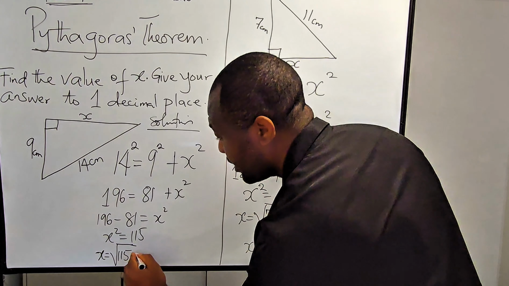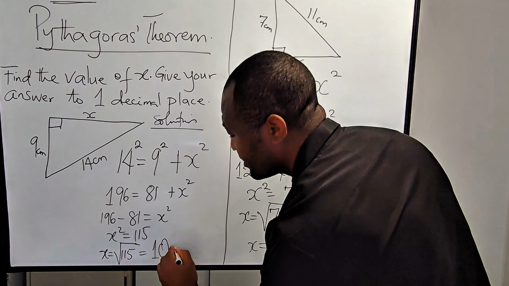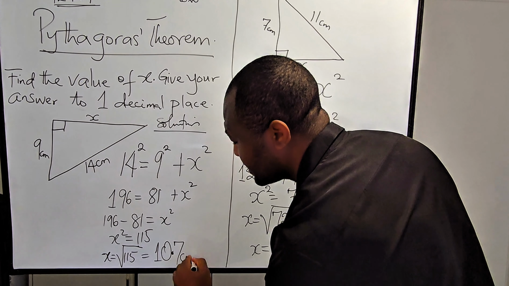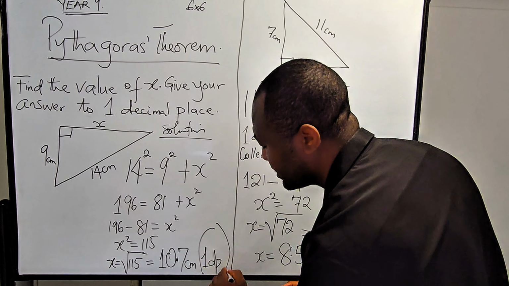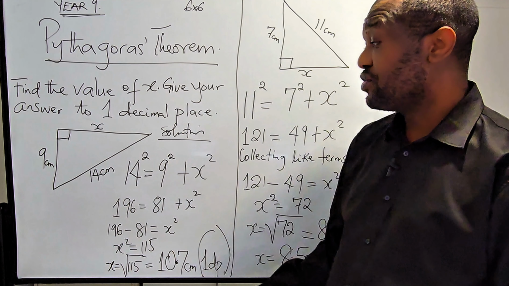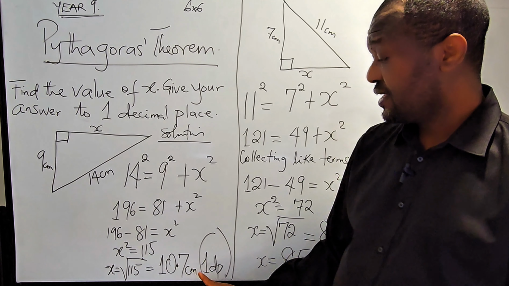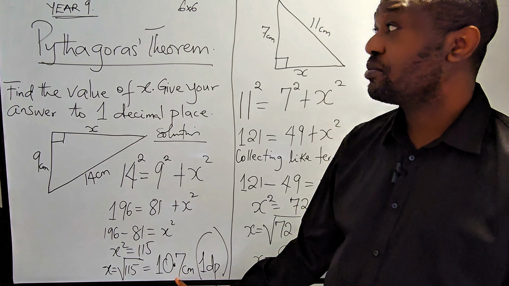So you give it 10.7 centimeters. Put in brackets 1 decimal place. Always ensure to put that in brackets so that whoever is reading what you've done knows that this was approximated to 1 decimal place.